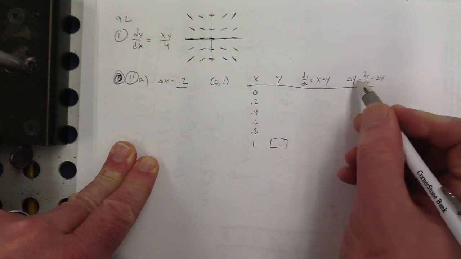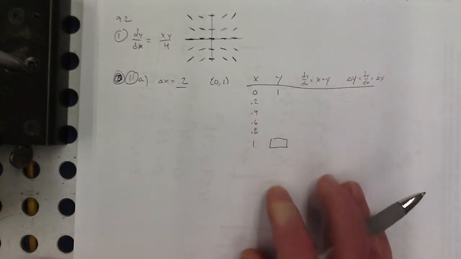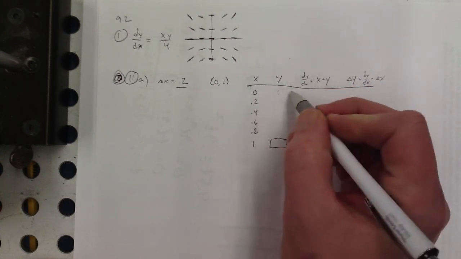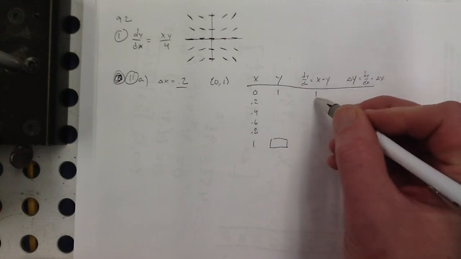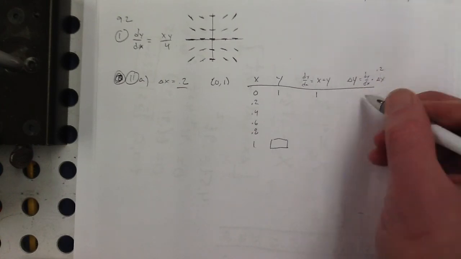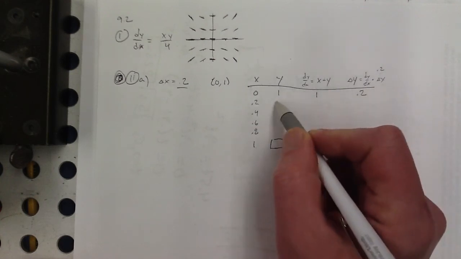Right? So delta y is approximately equal to that. Okay, so my slope, x plus y, here is 1, and then the delta y, I take this 1 and multiply by 0.2.